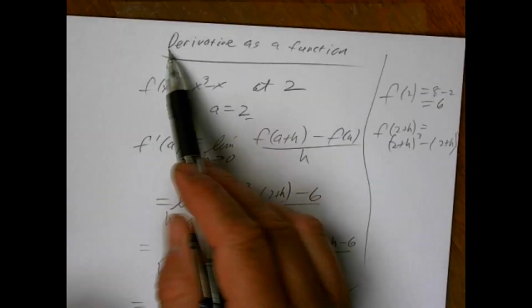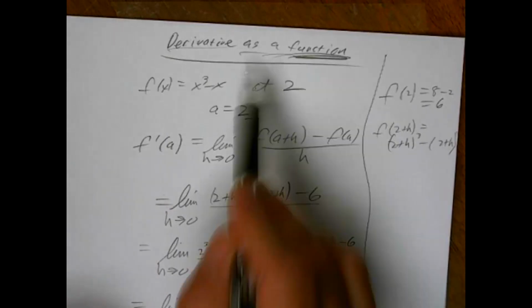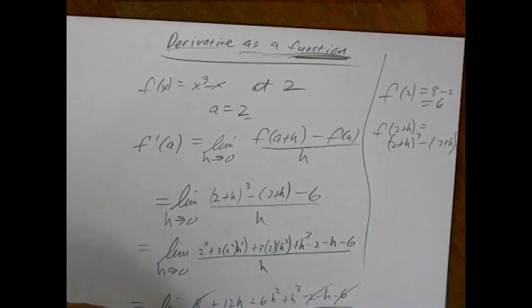So what we want to be able to do is come up with the derivative written in the form of a function. The original item that we want to differentiate is a function, and we want its derivative to be one as well. One function, a function of x, where I can plug in any number I want and know the derivative at any x value that I desire.